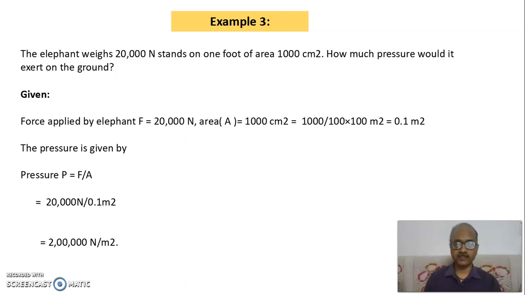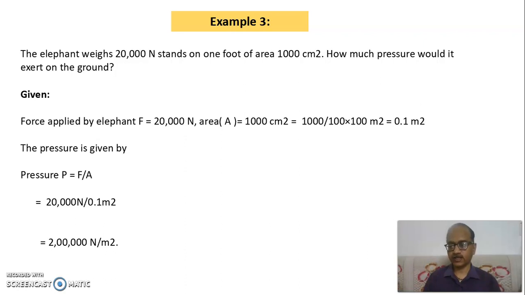The area of 1 foot of the elephant is 0.1 meter square. The force of the elephant is 20,000 newton. Pressure is equal to force upon area, that is 20,000 newton upon 0.1 meter square.